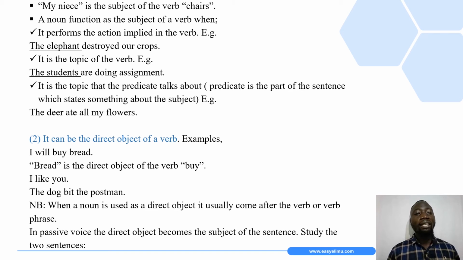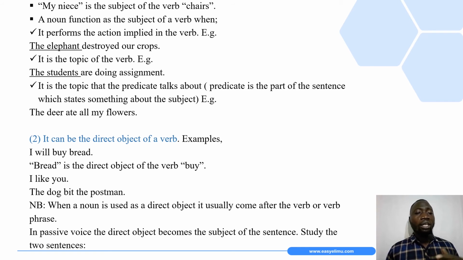The subject of the verb destroyed is the elephant. In that case, the elephant is the noun and it is performing the action that is implied in the verb.